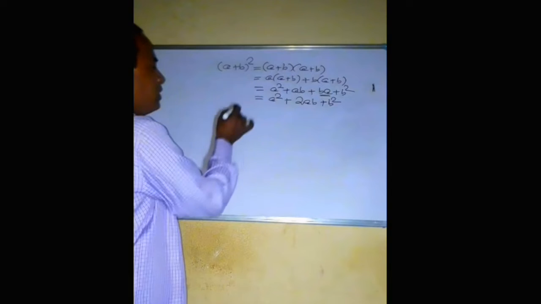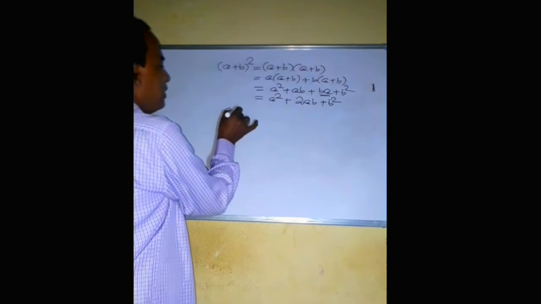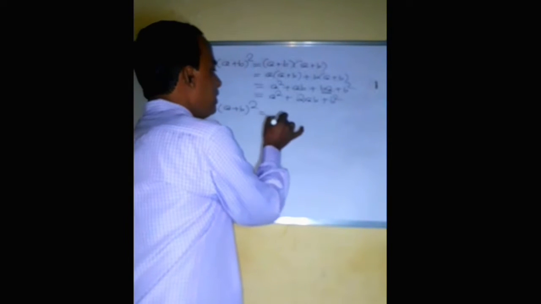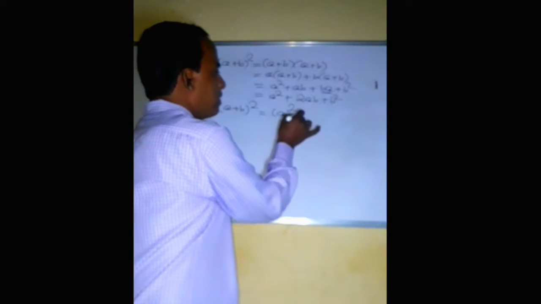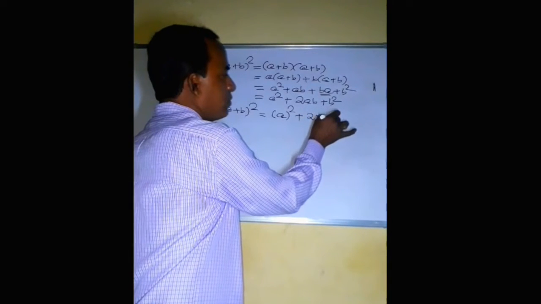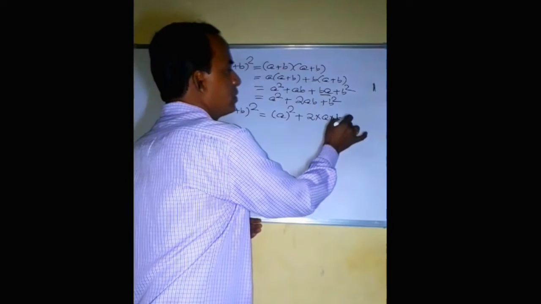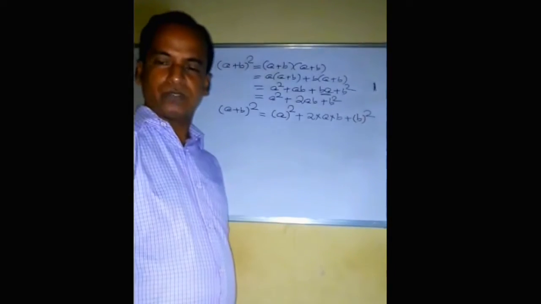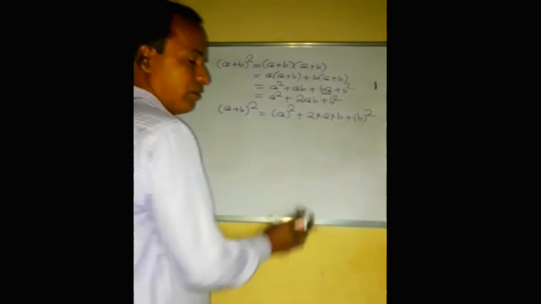But if we want to write it as a formula, we can directly write (a plus b) whole square means a square, that means first term square, plus 2 into first term into second term plus second term square. Okay, so this is the number one formula.